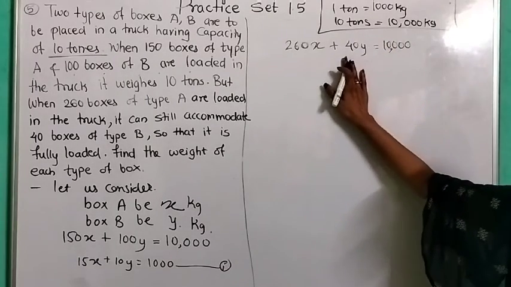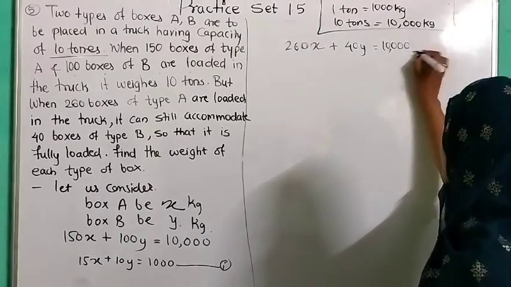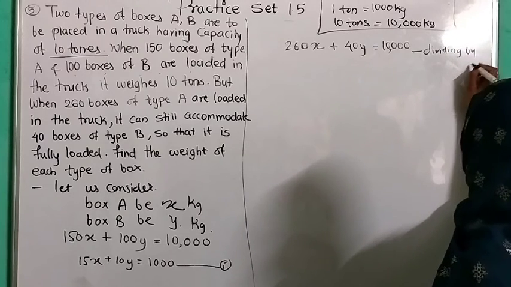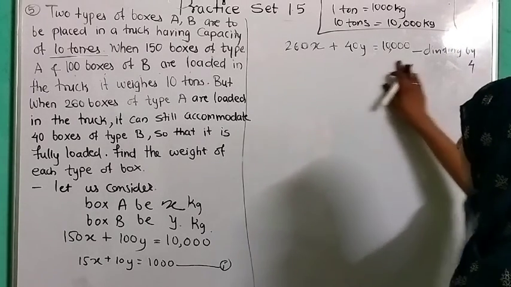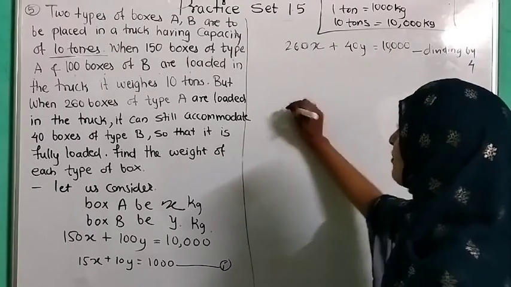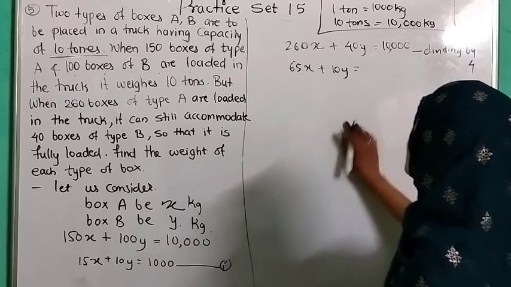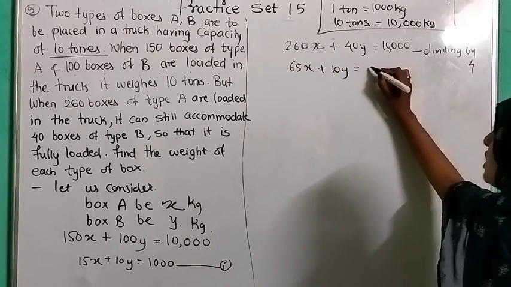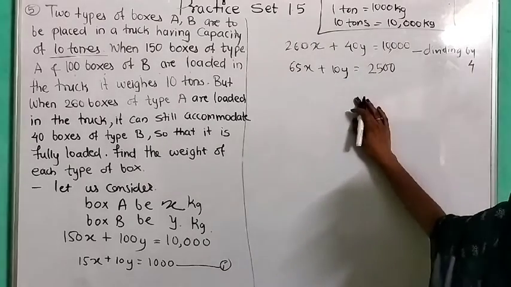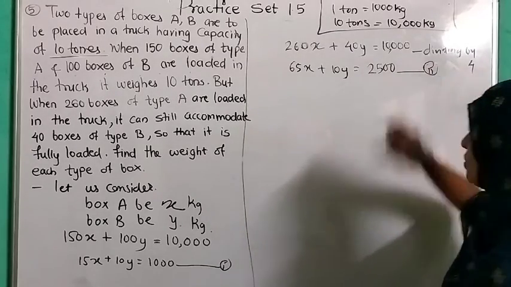The intention is that we want 10y, because we are going to use the elimination method. Dividing this equation by 4, we get 65x plus 10y is equal to 2500. Now this is our equation number 2.